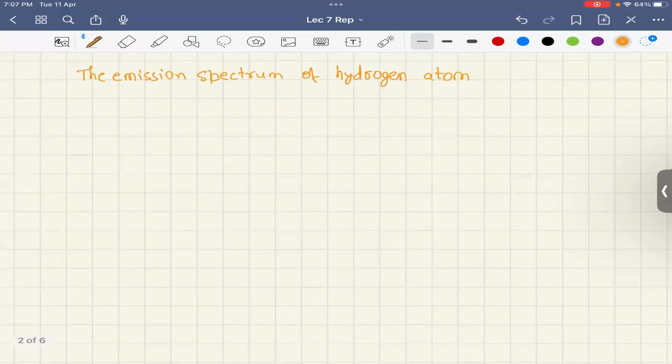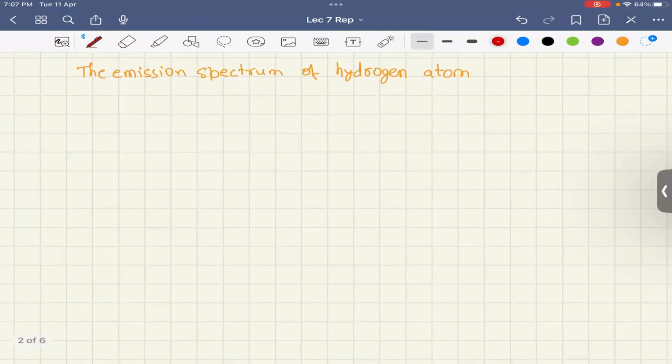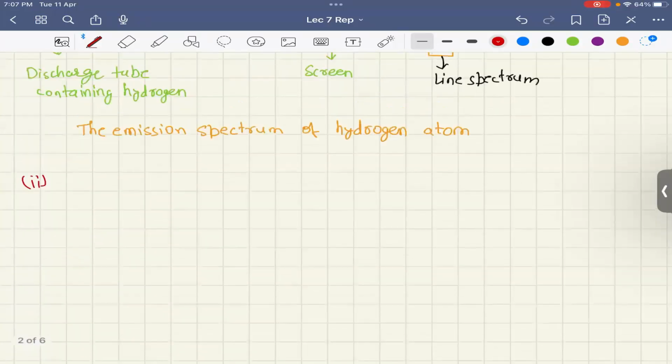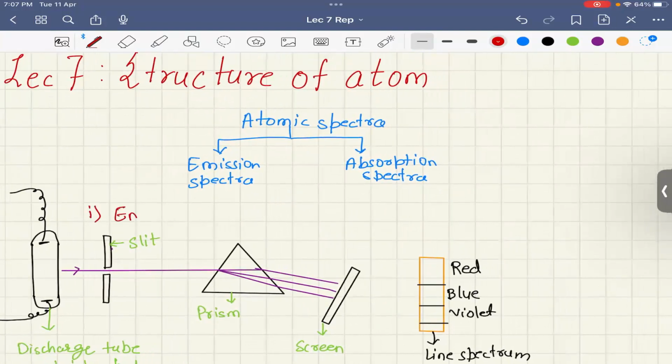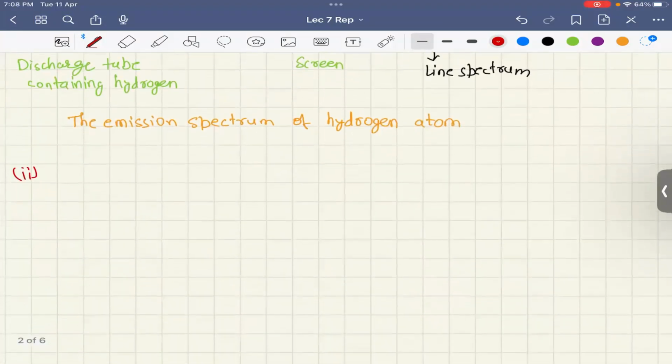Now let us study the second type of spectrum, called the absorption spectrum.